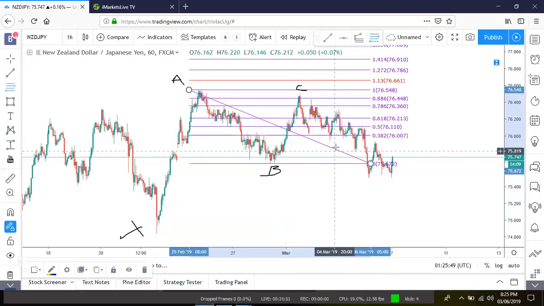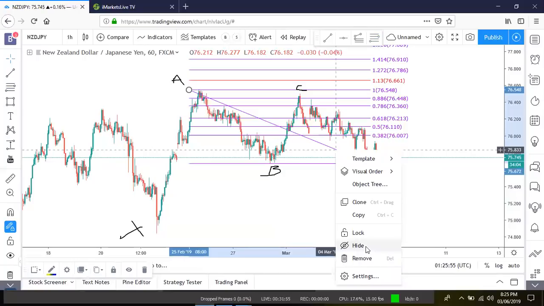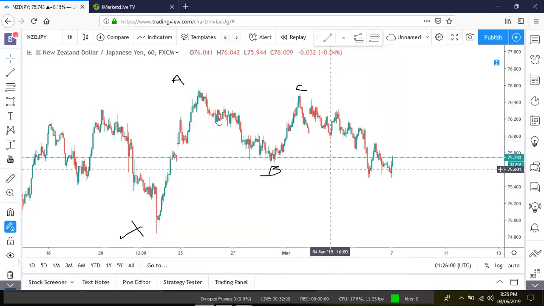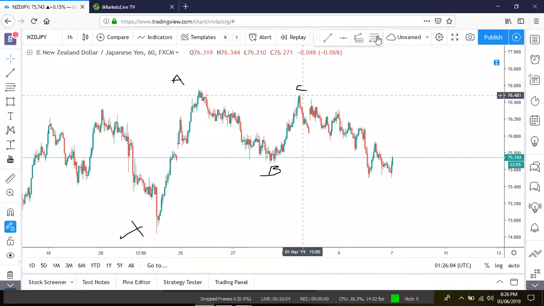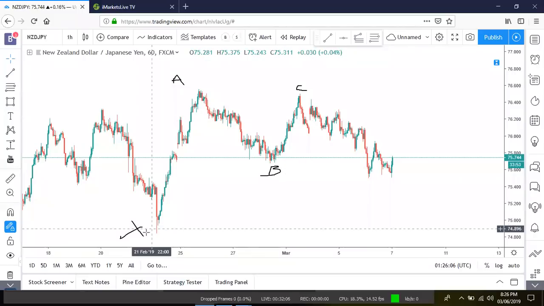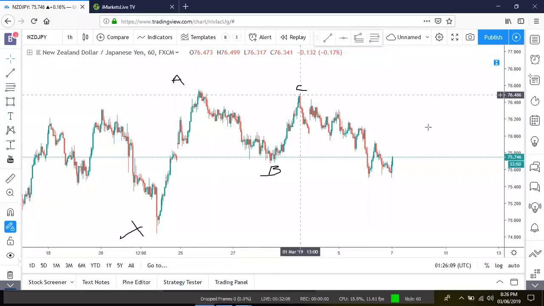Now, the final piece of the puzzle is finding our entry point. We already identified 4/5 of that move: X, A, B, and our C leg.